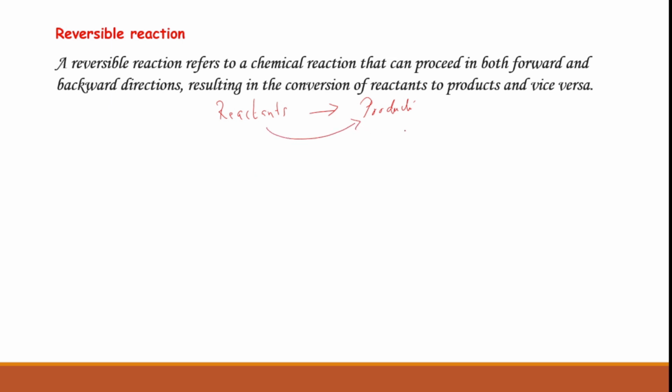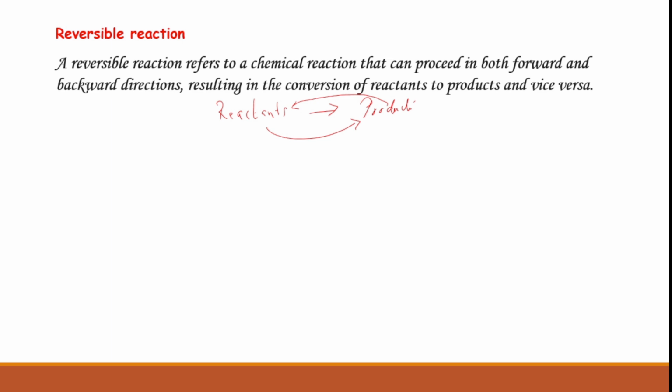But in certain chemical reactions, these products again become reactants. Products again become reactants. So such a reaction in which a reaction may proceed in both forward and backward direction. Forward means reactants to products, backward means products to reactants, isn't it?